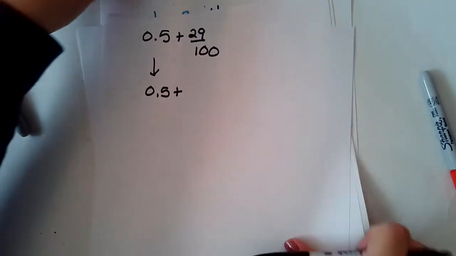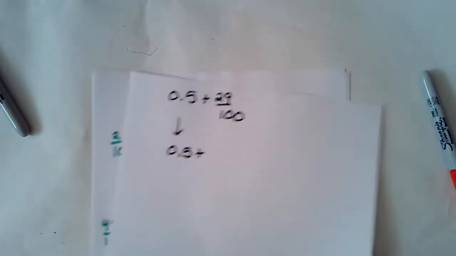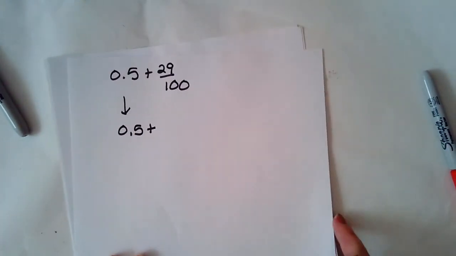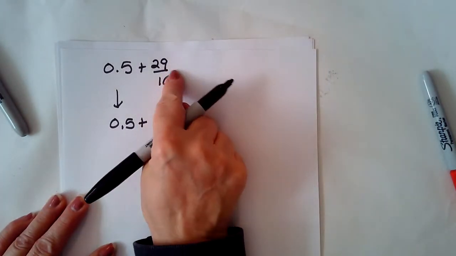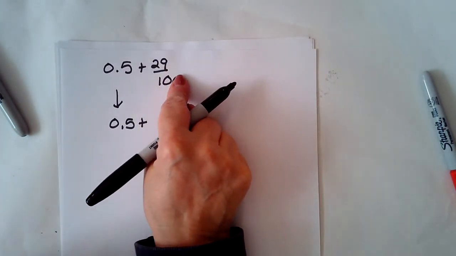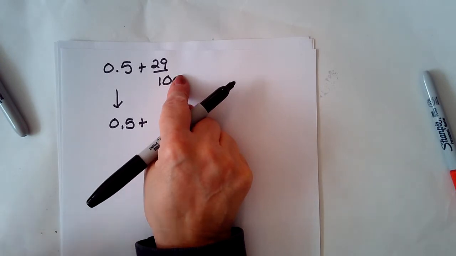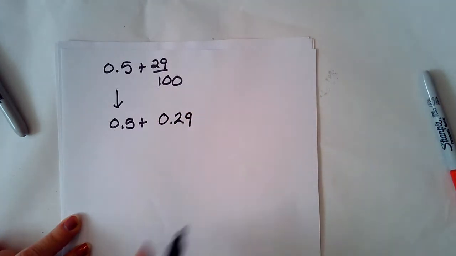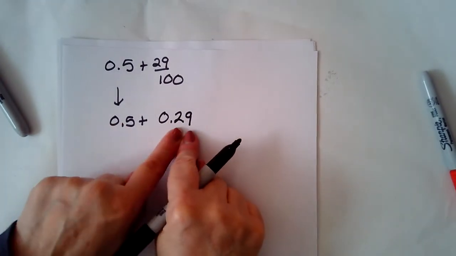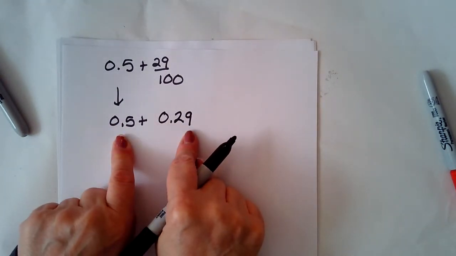Let's move that so it's not so confusing to look at with all the numbers. Let's make 29 100ths into a decimal. 29 hundredths, that's the hundredths place. That means I have to fill in 2 places after the decimal point. 29. All right. But now this is in the hundredths place, and that's in the tenths place.